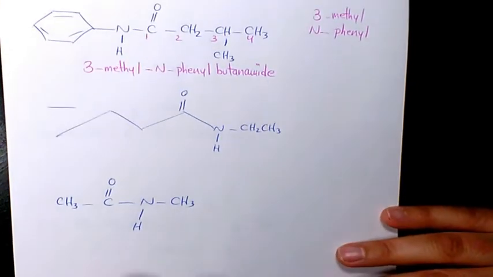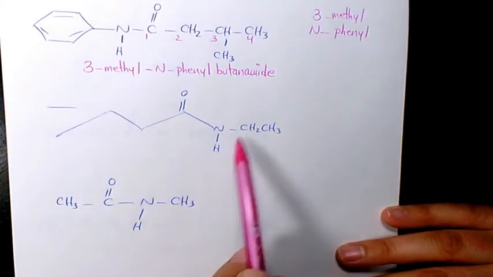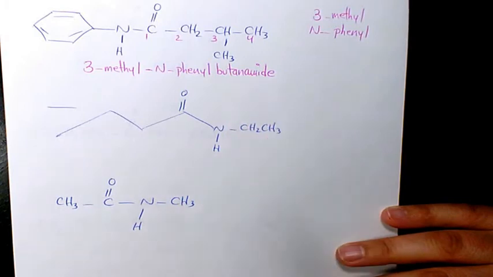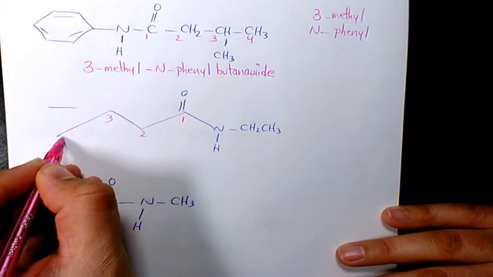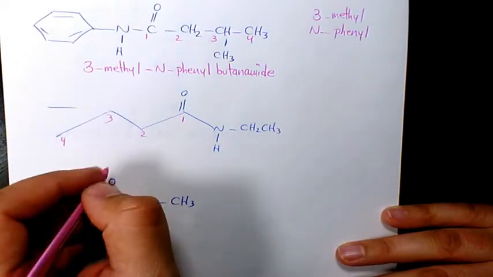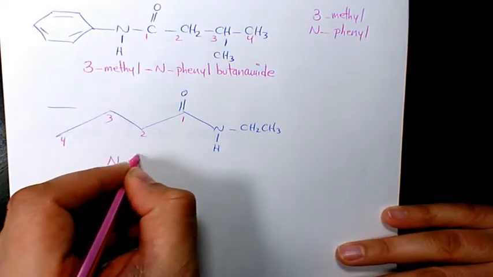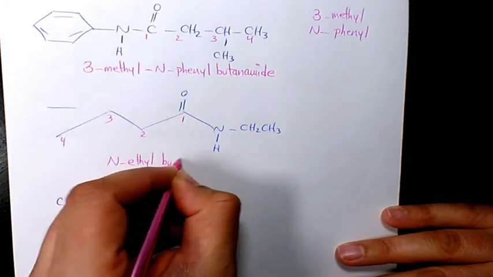Next one. One of these 2 hydrogens is substituted with an ethyl group. So it's going to be 1, 2, 3, and 4. So we have N-ethyl butanamide.